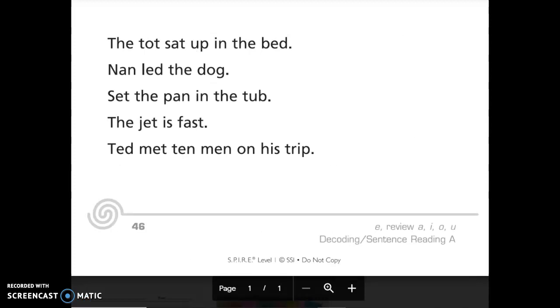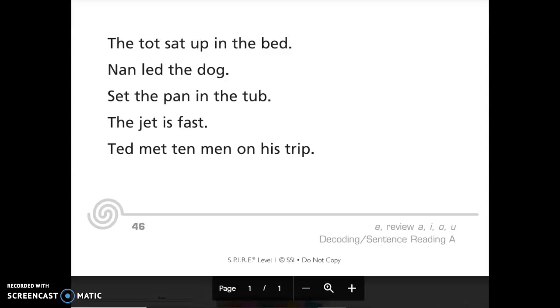Okay, great. So now we're going to go down to the bottom of the page, and we're going to do some sentence comprehension. So the first sentence, I would like you to just read that silently, and then we'll discuss any word that you don't know at the end.